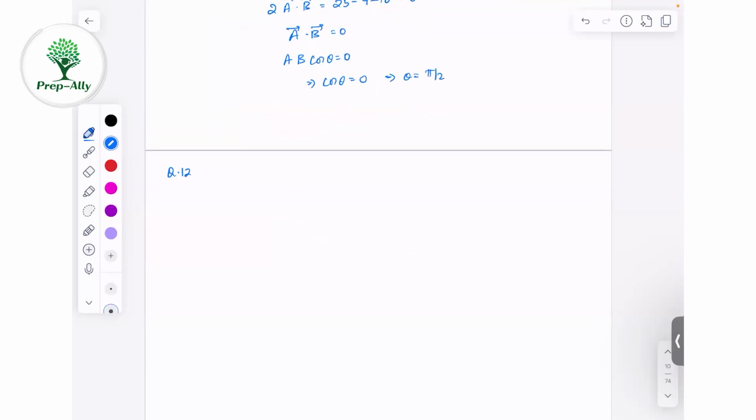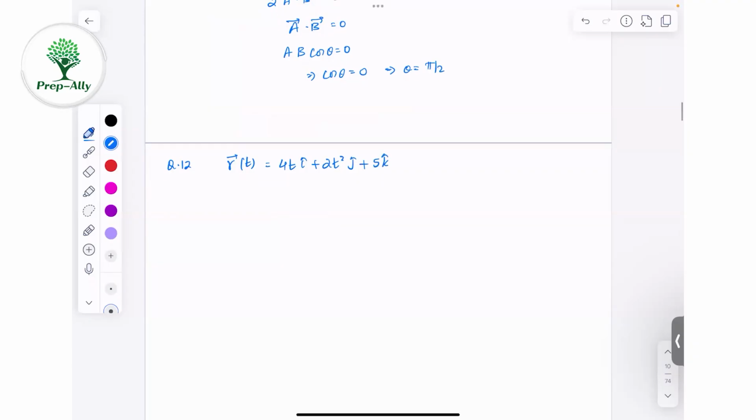The position vector is given as 4t i cap plus 2t square j cap plus 5k cap. Now, how will we figure out the velocity vector? It is the rate of change of the position vector.